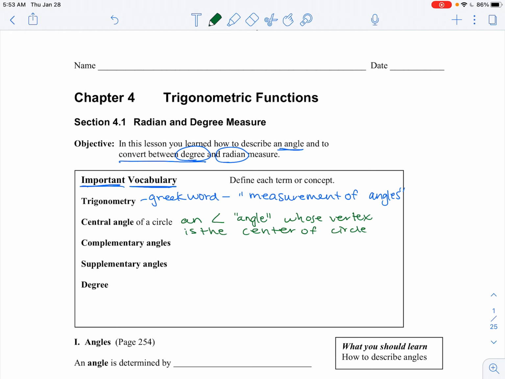So if this is a circle, here's the center, and a central angle would look like this. Okay, that's what we're talking about, central angle.